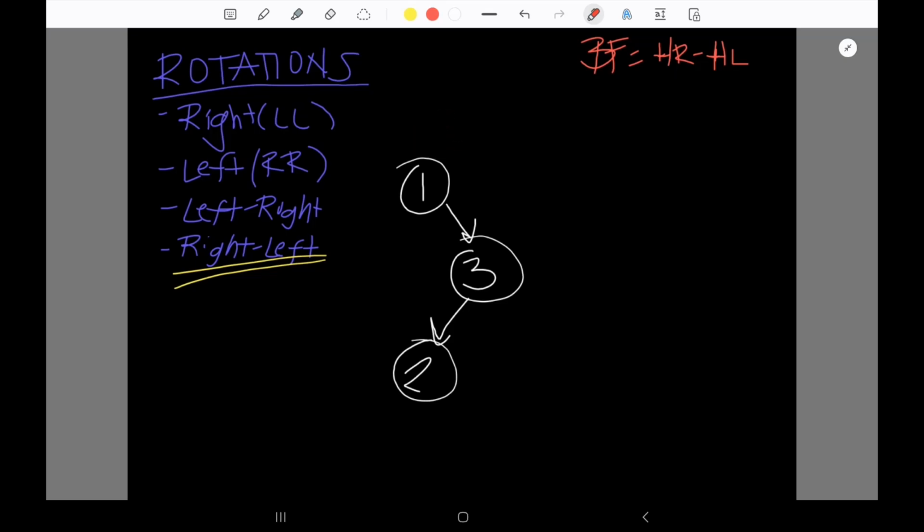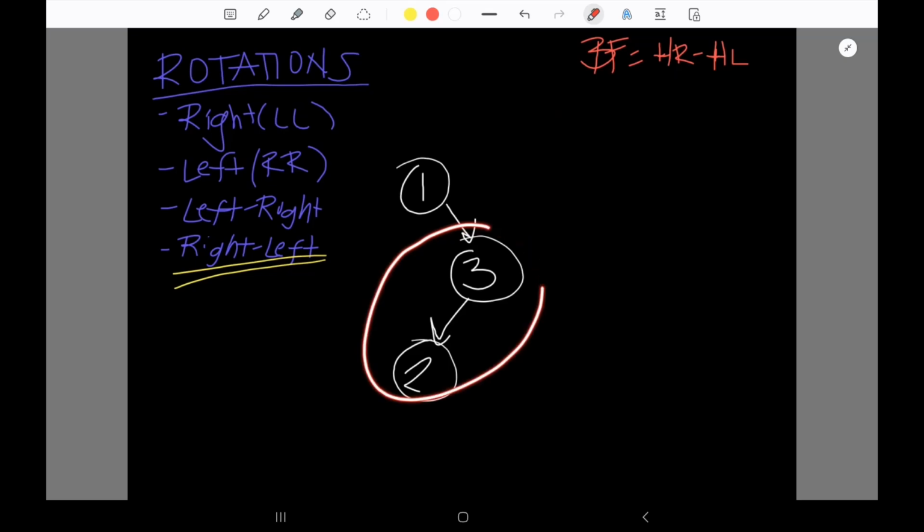So as you can see, 1 has a balance factor of 2. We have to rotate it in order for it to be fully balanced. So first, we're gonna look at its bottom node. It is okay, it is balanced. Here it is balanced, but here it is not balanced.